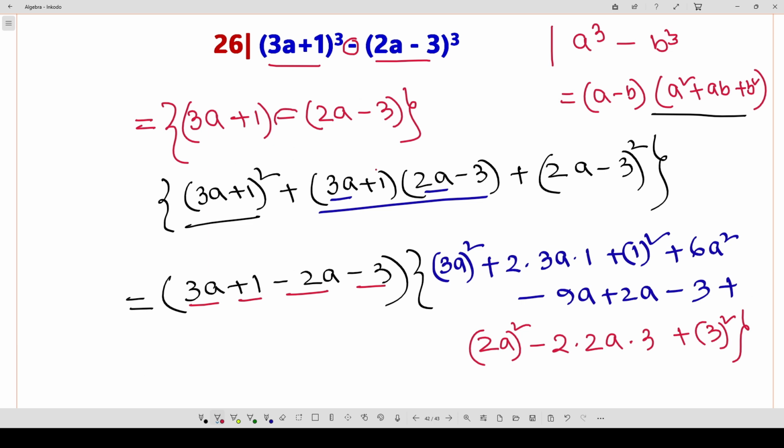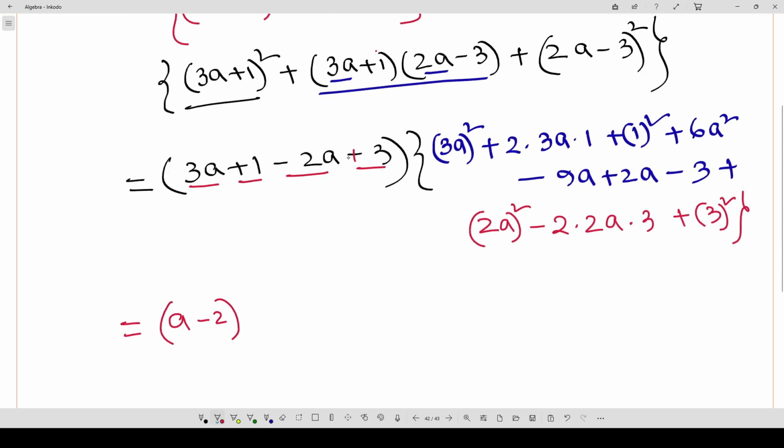Here is a minus sign in front of the 3, so it should be plus, right? So be careful about this one. If this is a plus, then 1 plus 3, so the answer will be plus 4.